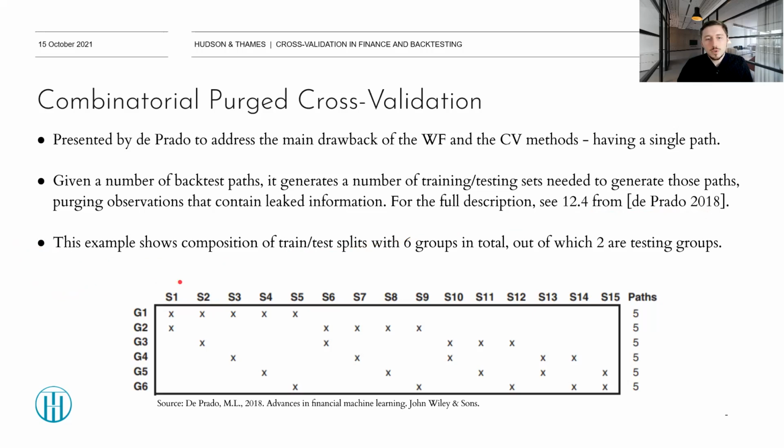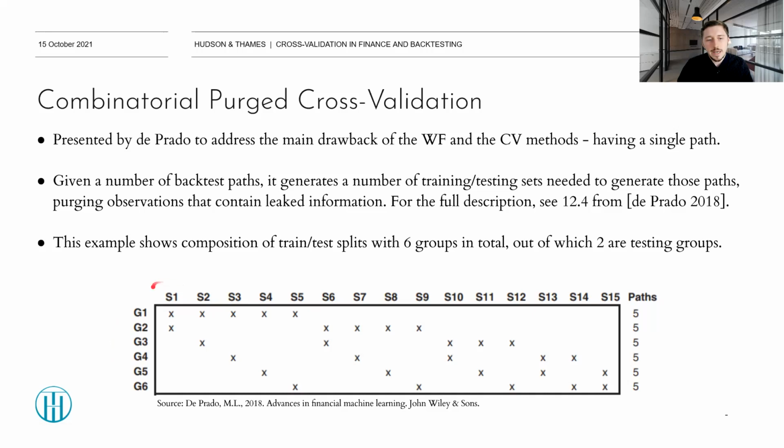The example below shows the composition of train-test splits if we have 6 groups in total, out of which 2 are used for testing purposes. Say we have our data set, which is split into roughly 6 equal groups: G1, G2, G3, G4, G5, and G6. And 2 of these groups will be used for testing purposes. Then we have S1 to S15, 15 total combinations of how the original data set can be split into training and testing subsamples.